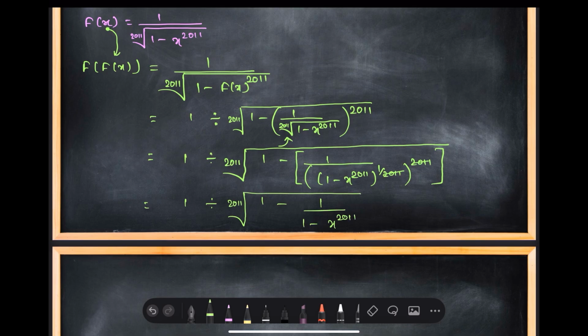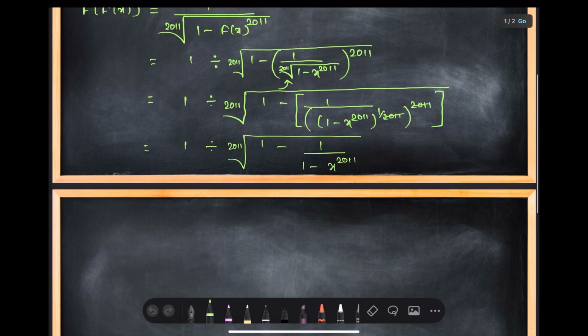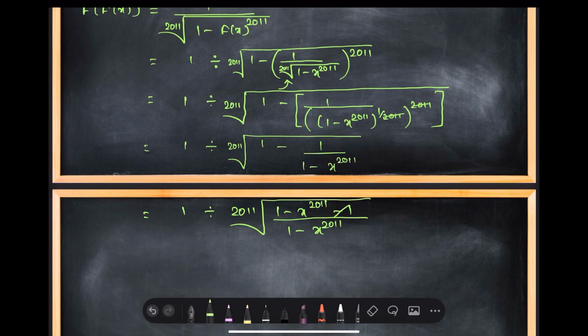Do the simplification. It is required. Now we will take the LCM. 1 divided by the 2011th root of, LCM is 1 minus x power 2011, 1 minus x power 2011 minus 1, and then we have this one gone, correct?